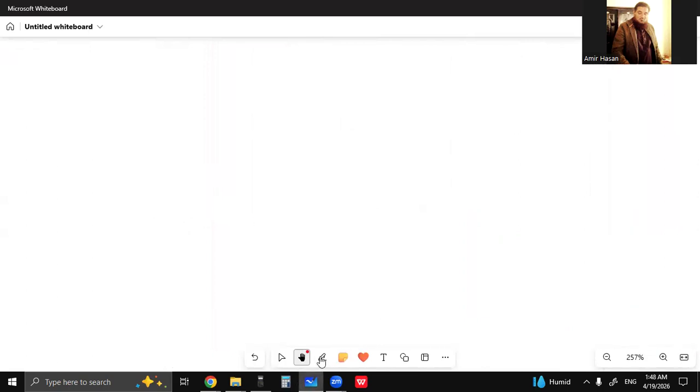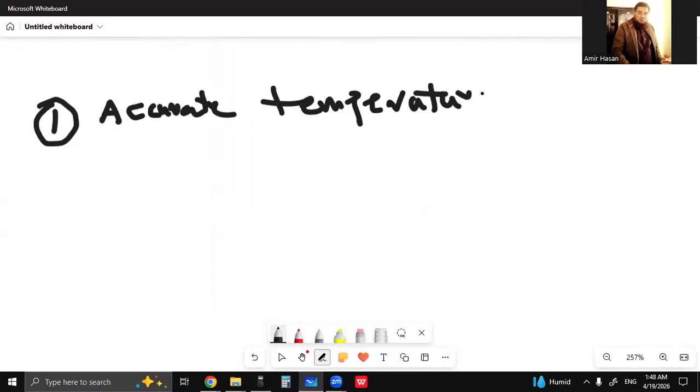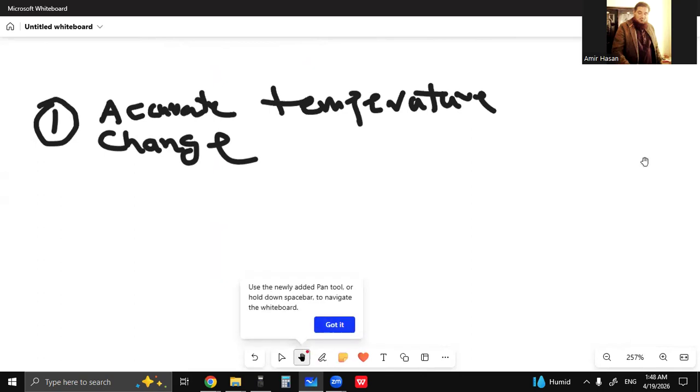For enthalpy change, there is first a need for accurate temperature measurement. When we accurately measure the temperature, then we can easily measure the enthalpy change. This is the first step.